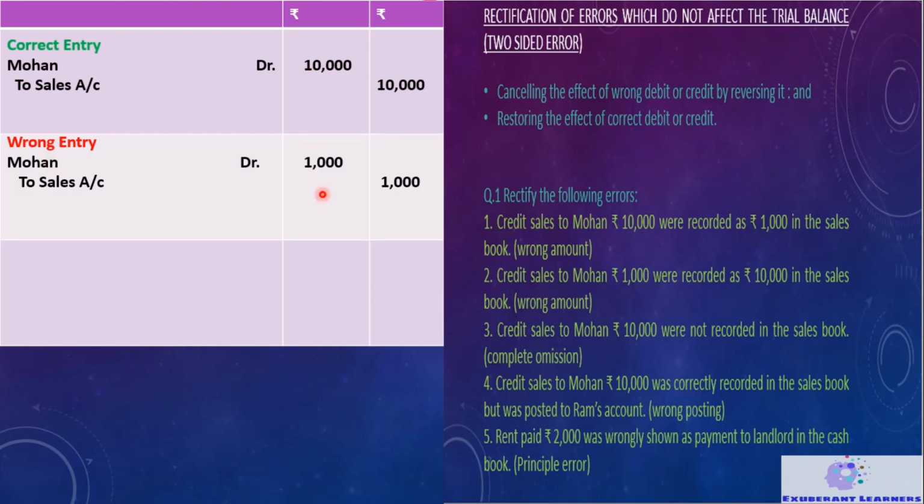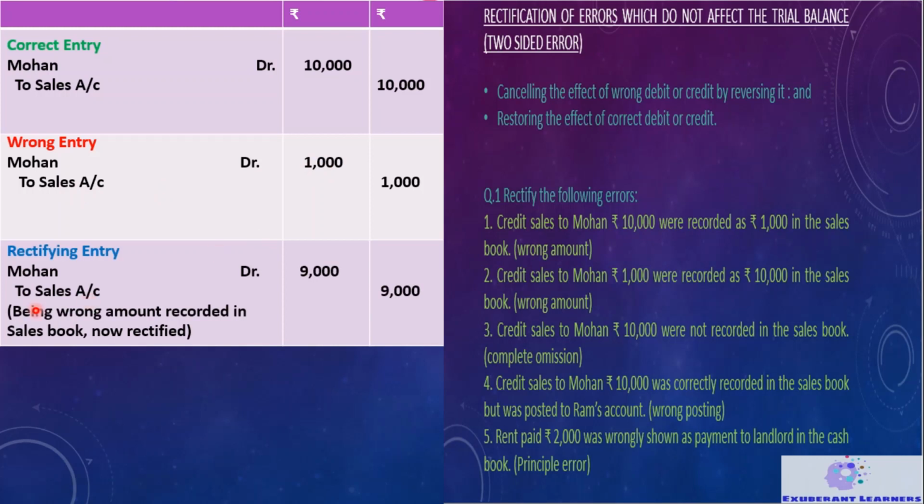If we record 9,000 more, it will make it 10,000. So we have to debit Mohan again with 9,000 rupees, the same way to sales also 9,000 rupees. So the rectifying entry will be the same thing, Mohan to sales account 9,000. Why 9,000? This 1 plus 9 will make it 10,000, which is the correct amount.